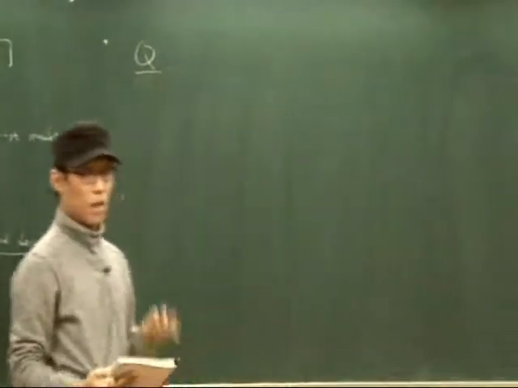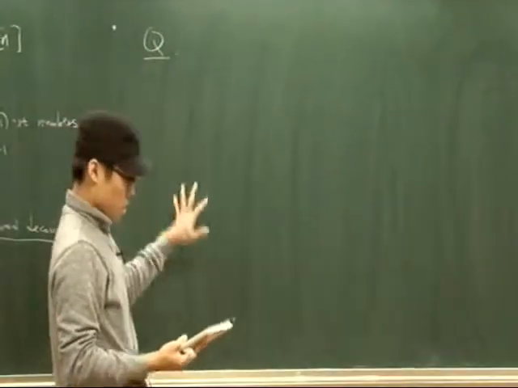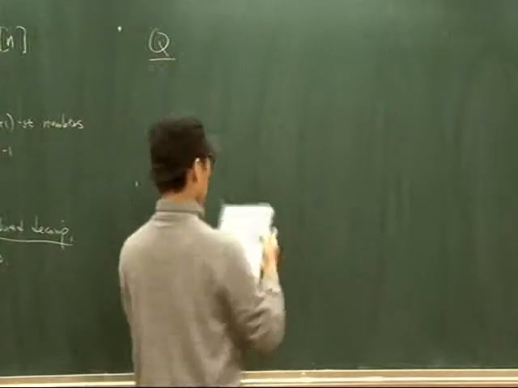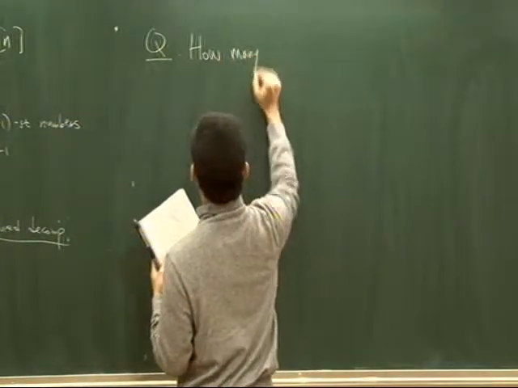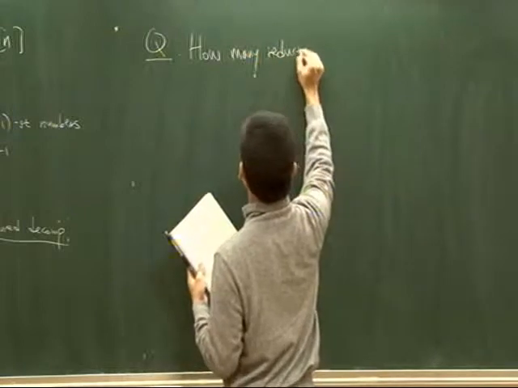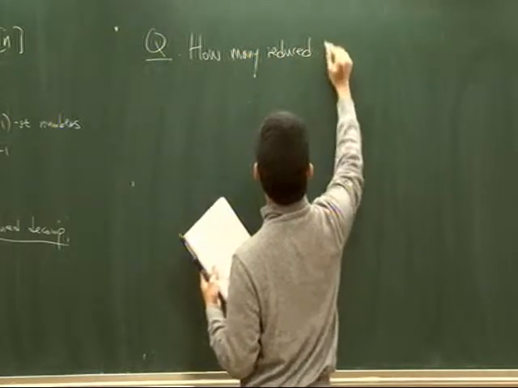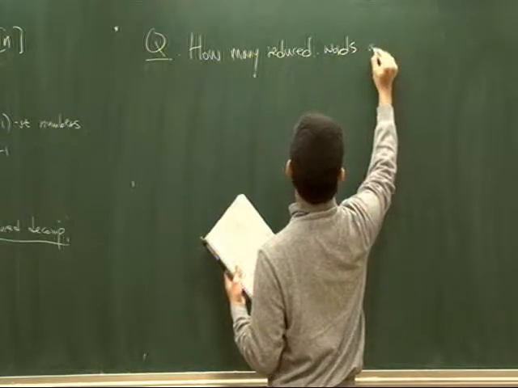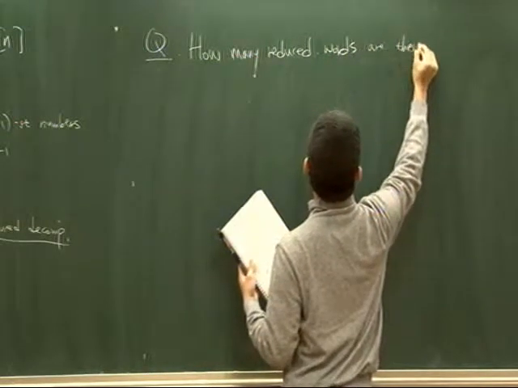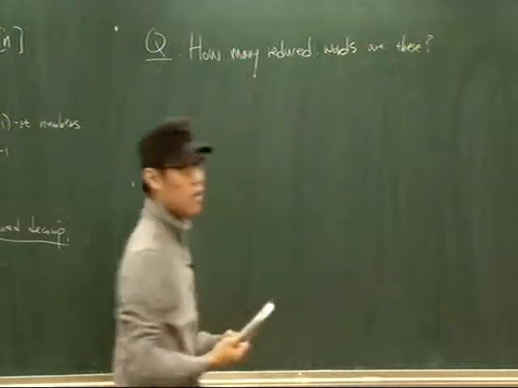Today's topic stems out from this question: how many reduced words are there for a fixed w?